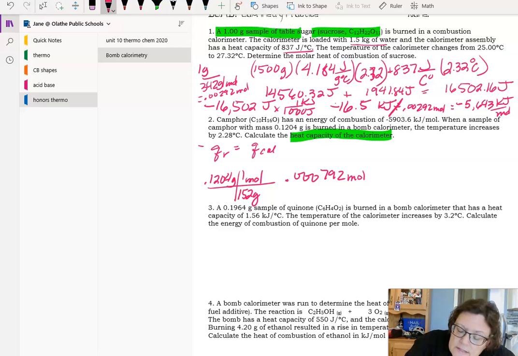And it tells us that that camphor had that amount of energy, 5,903.6 kilojoules for 1 mole.